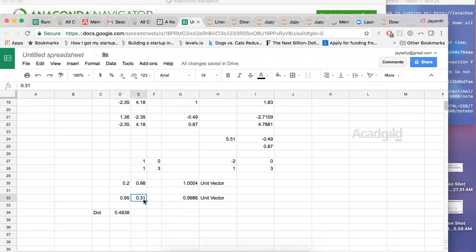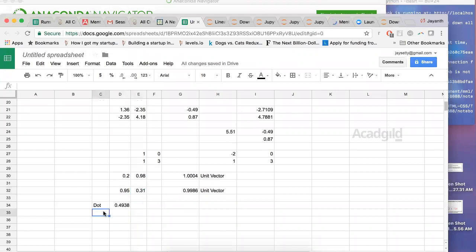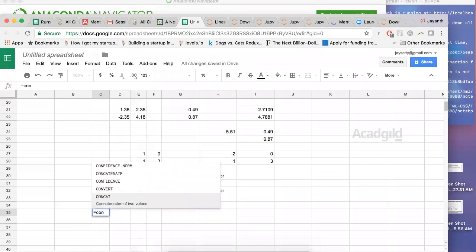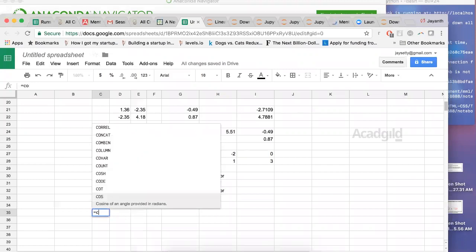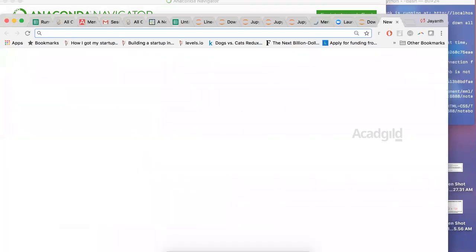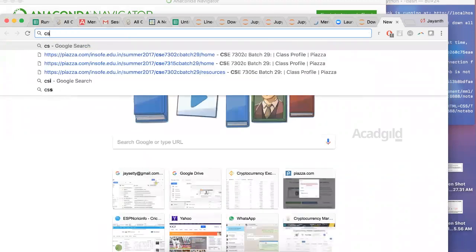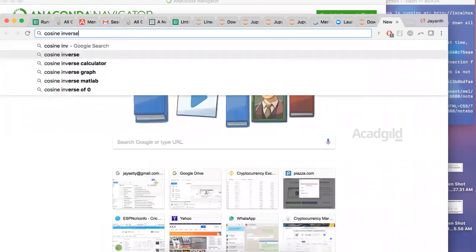Okay. Now that I have the dot product, I just do cosine inverse of it. I forgot the cosine inverse function. Let's just do it in Google. Cosine inverse calculator. Okay.